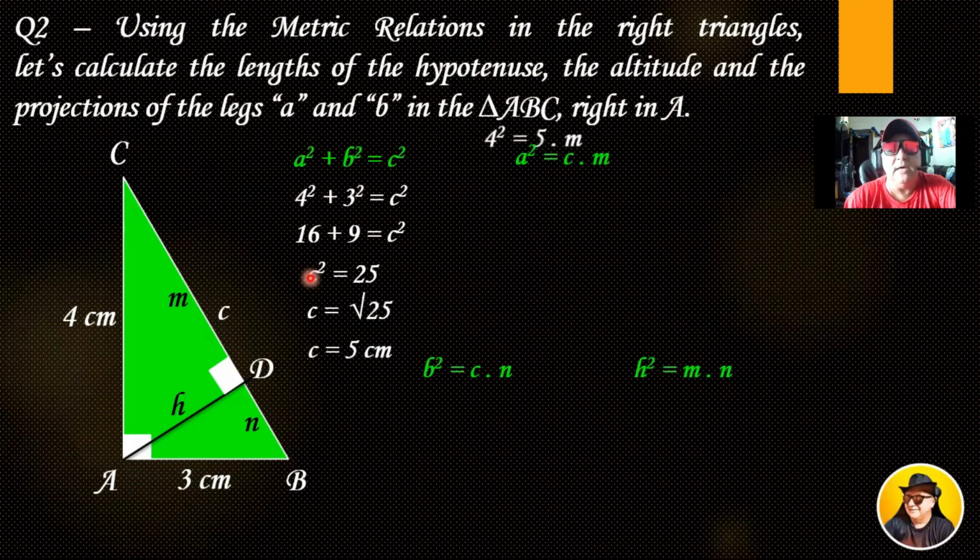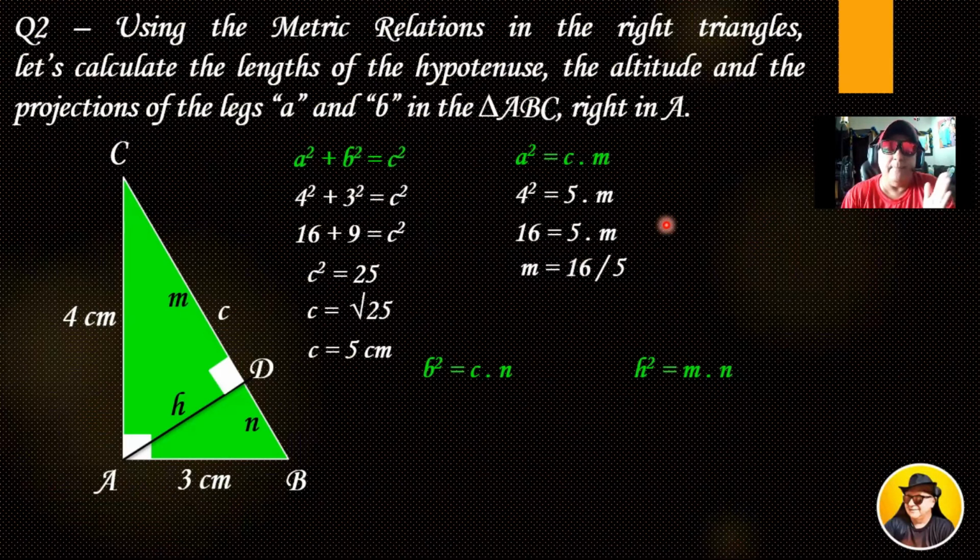Now let's go ahead and calculate that. A squared is 4 squared. C is 5, that we already calculated here. So let's calculate the value of M. Well, 4 squared is 4 times 4, that is 16. All right, so 16 is equal to 5 times M. Okay, so now let's rotate the equation, you see?